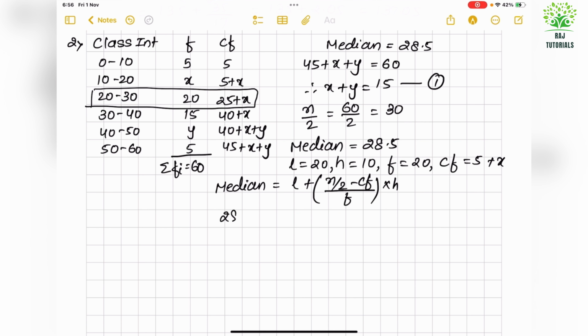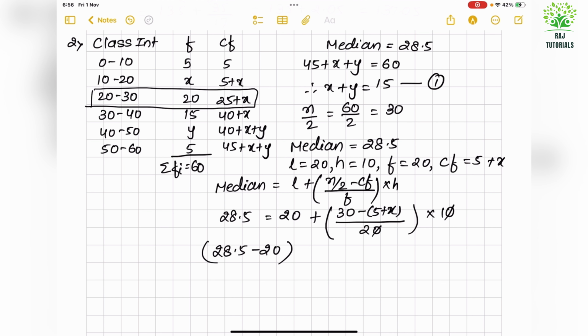So that will be 28.5. The median is given. This will be 20 plus 30 minus 5 plus x upon F, which is 20, into 10. So this 0 gets cancelled. So I can say 28.5 minus 20.